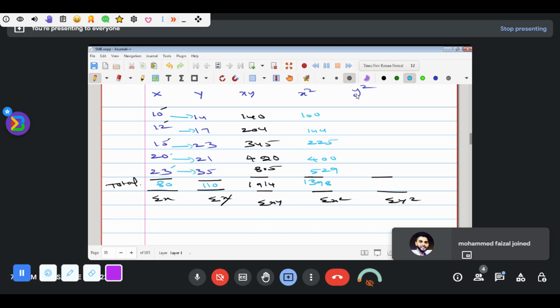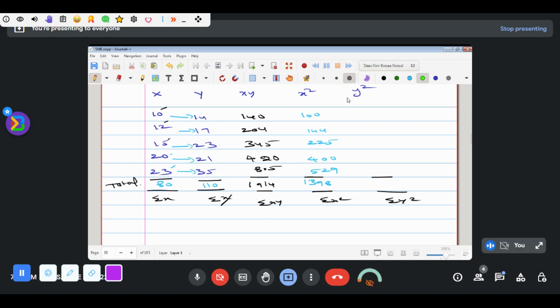Similarly, we want to find y squared. How to calculate y squared: 14 squared, 17 squared, 23 squared, 21 squared, 35 squared. Entering all the values, what is the result? 14 squared is 196, 17 squared is 289, 23 squared is 529, 21 squared is 441, and 35 squared is 1225.